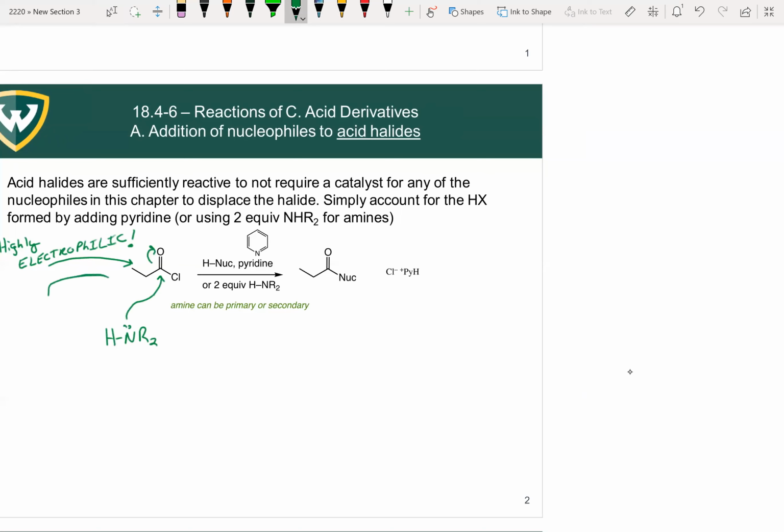This is because secondary amines, which is what's represented here, are decently nucleophilic. We do not need to use an acid to catalyze this addition. Our carbonyl is already electrophilic enough. This chloride here is electron withdrawing and helps increase the electrophilicity of the carbonyl.